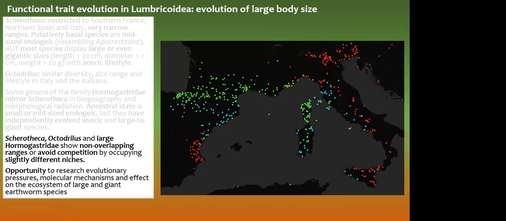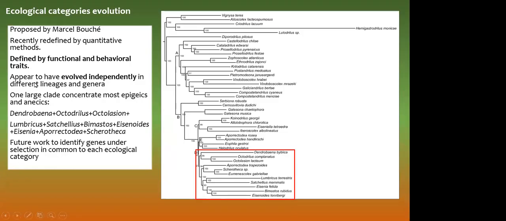So these three groups of earthworms give us a really good opportunity to research the evolutionary pressures involved in the evolution of giant body size, but also the molecular mechanisms leading to it and the effect of those really impressive earthworms on their ecosystem.